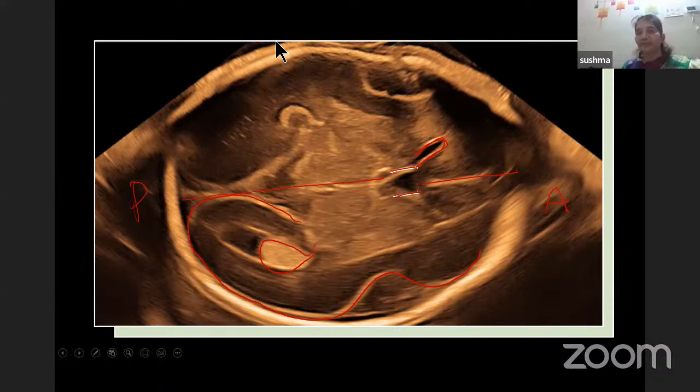Closer to the probe, the lateral ventricle is not seen clearly, whereas at the far end, away from the probe, the lateral ventricle is seen clearly. This is because of the reverberation artifact that we get because of the bones here. So always we measure the lateral ventricle on the far side of the probe. The near end ventricle is not clearly seen.